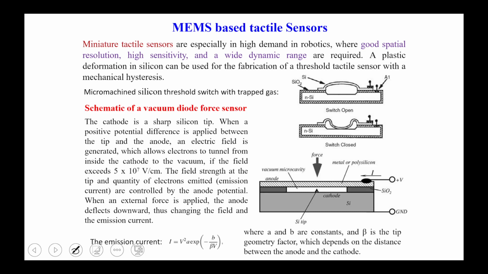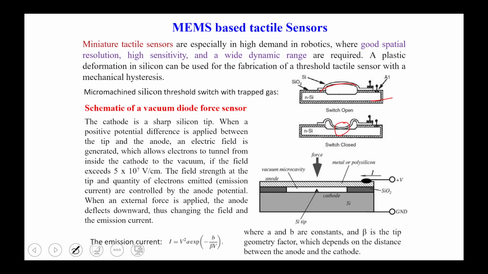So this is the MEMS based electron sensor. We use N type silicon here, then a SiO2 dielectric layer, then again deposit silicon here. This acts as a switch: when we press on the switch, it makes contact with the silicon here.